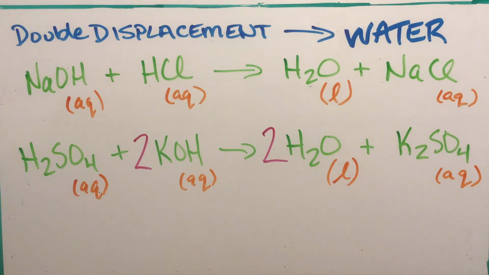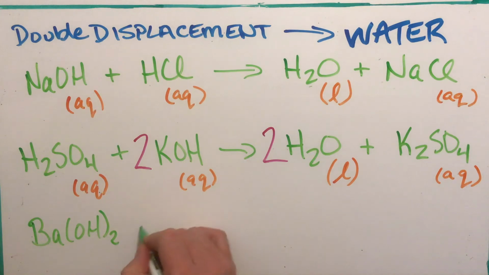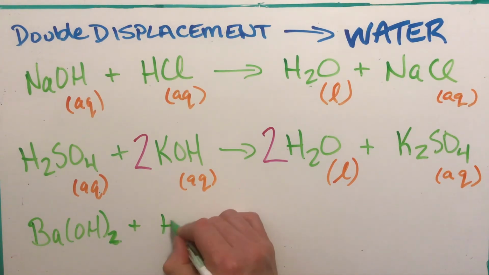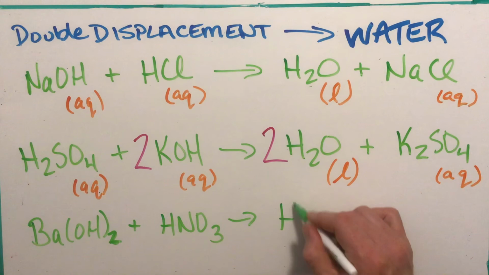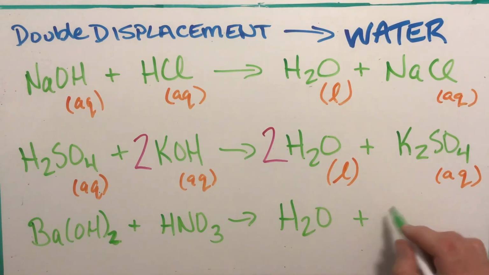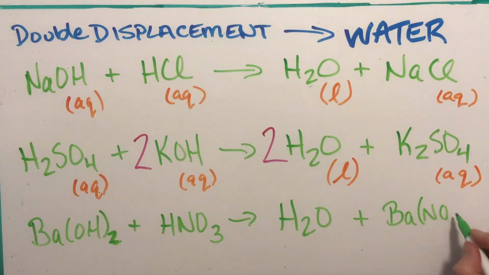And our last example, barium hydroxide, Ba(OH)2, plus, a little sloppy there, nitric acid gives me, of course, water, and barium nitrate.